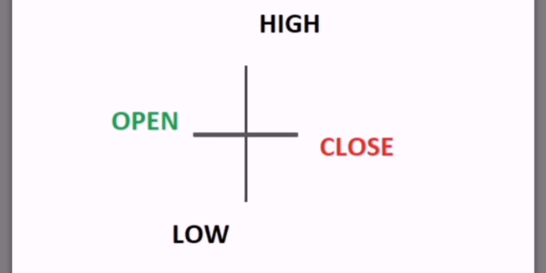A doji is a candlestick characterized by a cross shape. As you can see, this candlestick happens when a forex pair opens and closes at the same price, leaving a small or non-existent body.